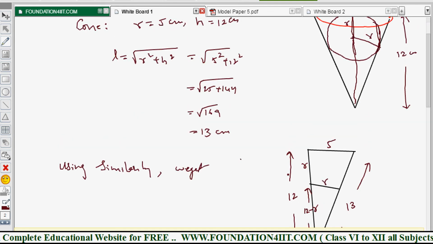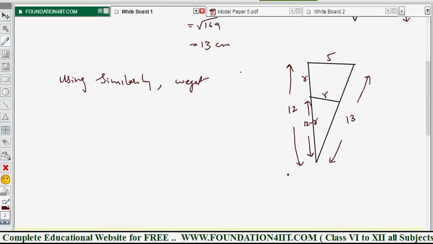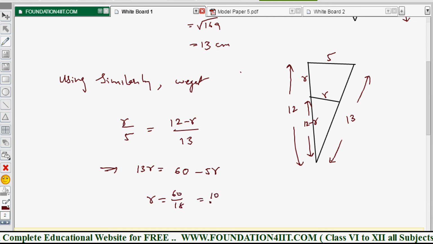So by taking corresponding ratios using similarity properties, we get R by 5 is equal to 12 minus R by 13. From this, 13R is equal to (12 minus R) into 5, that is 60 minus 5R. Then taking this side, 13R plus 5R is 18R, so R is 60 by 18, that is 10 by 3 centimeters.